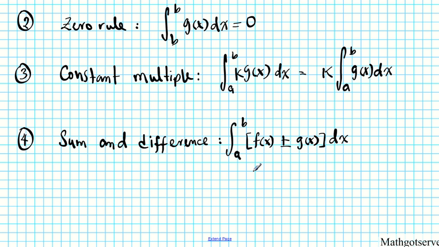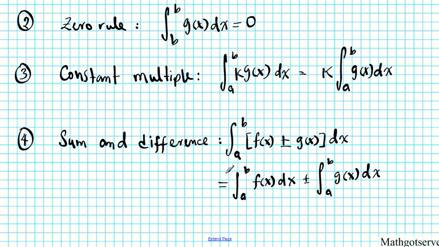So this is equal to the antiderivative from a to b of f of x dx plus or minus the antiderivative from a to b of g of x dx. Okay, so there you have it.